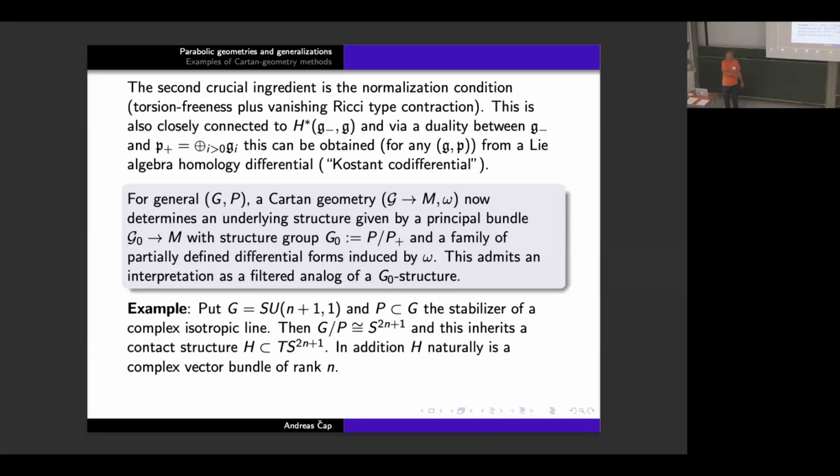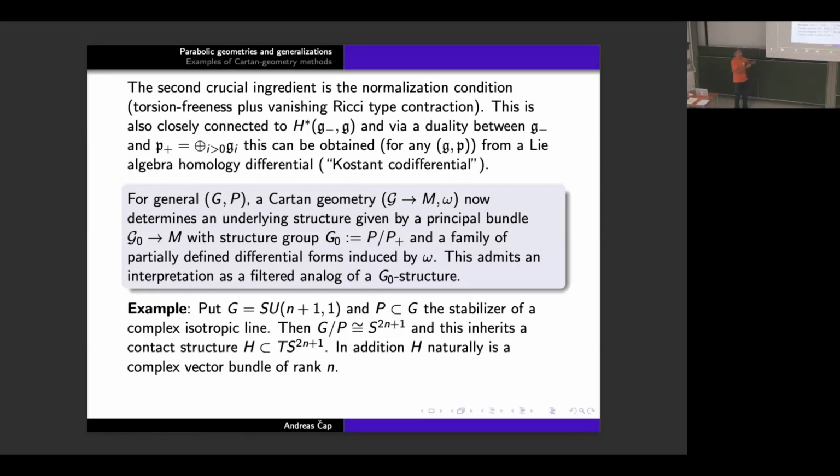So you get a hyperplane distribution, which happens to be a contact structure in this case. So this inherits a contact structure. And moreover, since these are the maximally complex subspaces, they are complex subspaces. So your contact structure is not a real vector bundle of rank 2n, but it's even a complex vector bundle of rank n. So it inherits a complex structure.